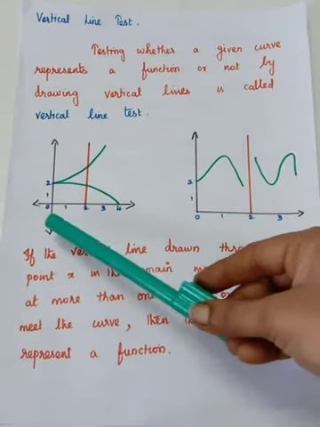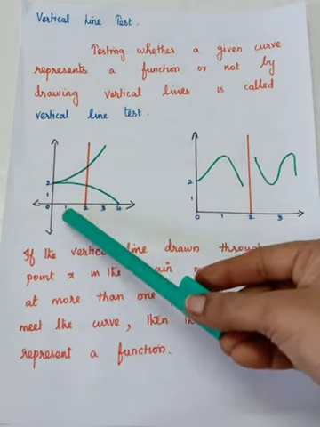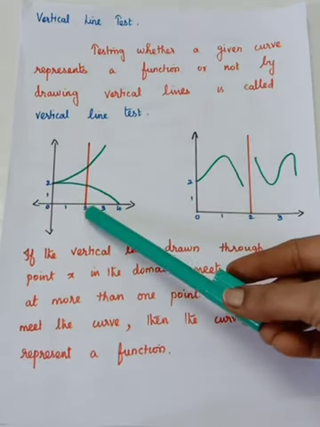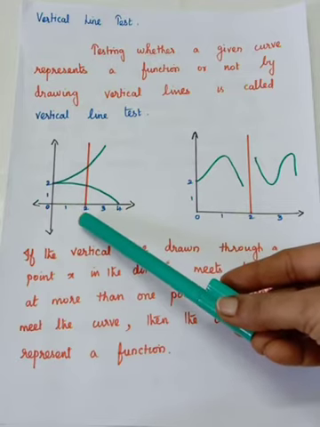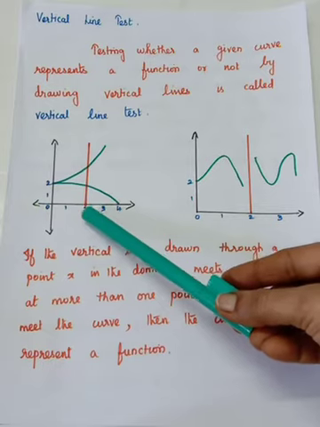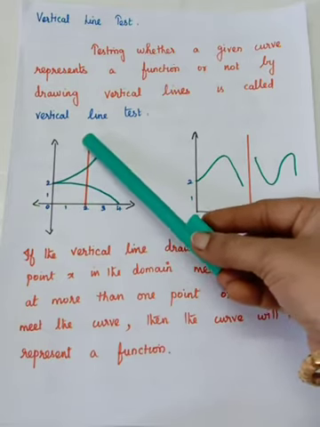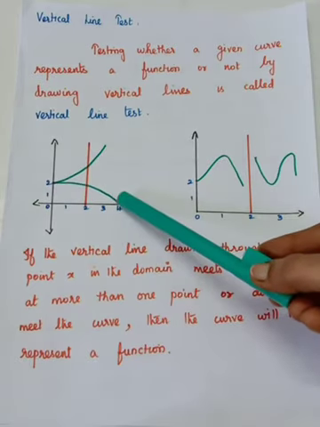Here on the x-axis, I have marked the points 0, 1, 2, 3, 4. Through the point at x equal to 2, I have drawn an orange vertical line to the given curve.